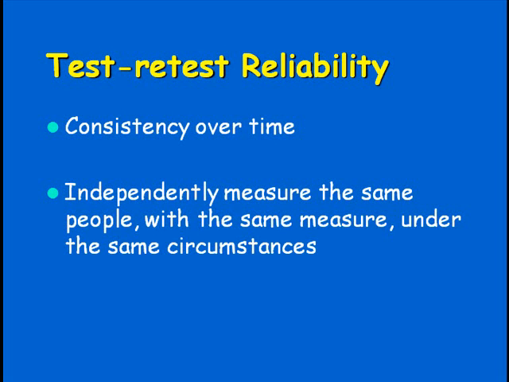Okay? Exactly a week later, I do the same thing with those same people using the same measure, the depression inventory, under the same circumstances. Roger Stout, 2:25 at 5 p.m.